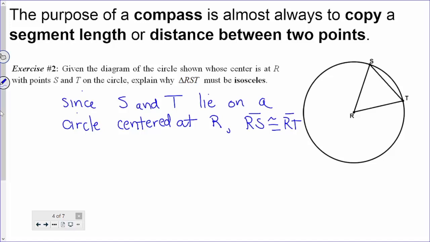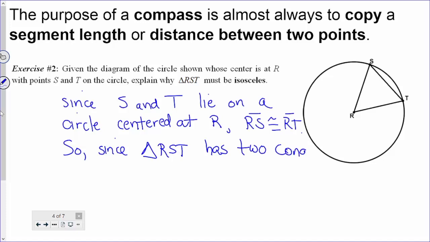So point S must be the same distance from R as point T is from R. So since triangle RST has two congruent legs, or two congruent sides, it is isosceles.